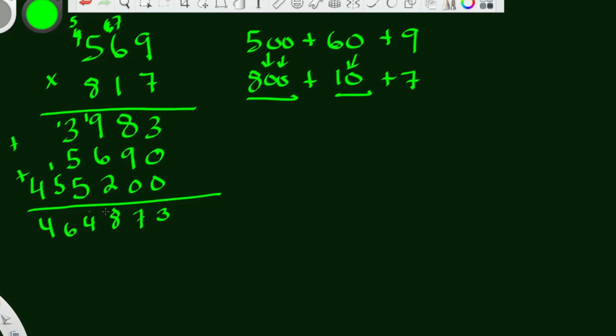And then 4. 569 times 817 equals 464,873. In expanded form, that'd be 400,000 plus 60,000 plus 4,000 plus 800 plus 70 plus 3.